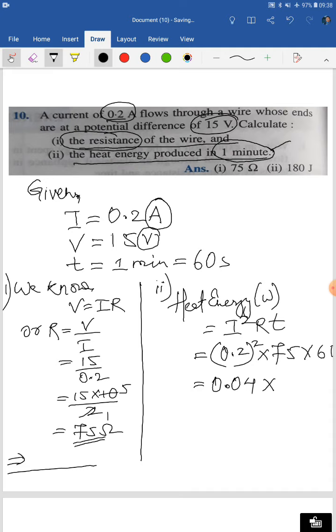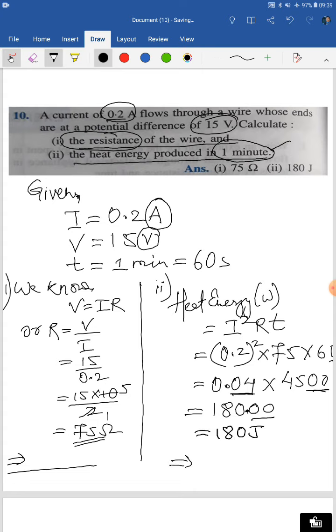So 6 into 75 is 450, and you have one more 0 from 60 here, so you will get 4500. All right, so when you multiply 4 into 45, 4 into 45 is 180, and you have 2 zeros here, so I'll add 2 zeros, but there are 2 decimal places here, so count from the back, 1 2, so my decimal will be here, so I'll get 180.00, that means 180 joule.